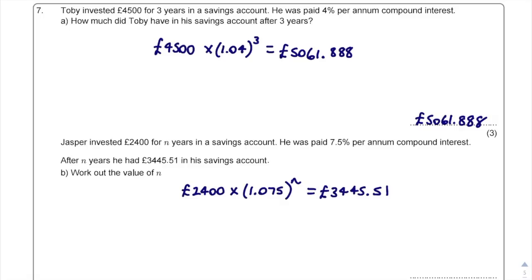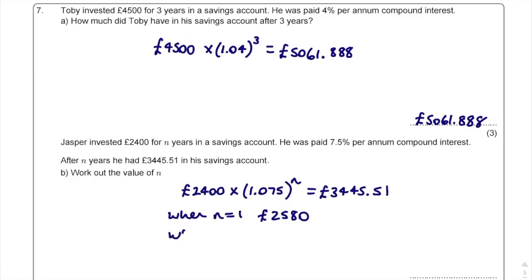So if you do 2,400 times 1.075, you get 2,580. So when n equals 1, you get a value of 2,580. So that's not right because we're looking for the value of £3,445.51. So we raise 1.075 to the power of 2.